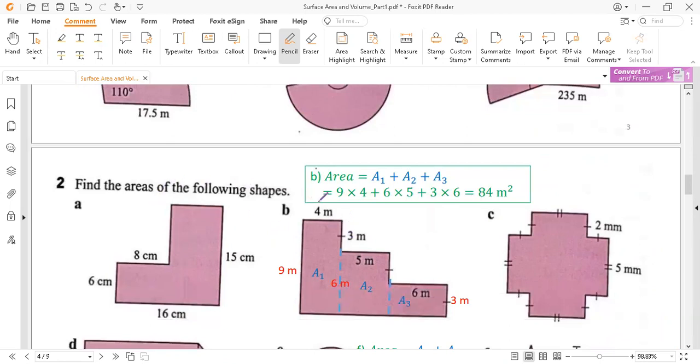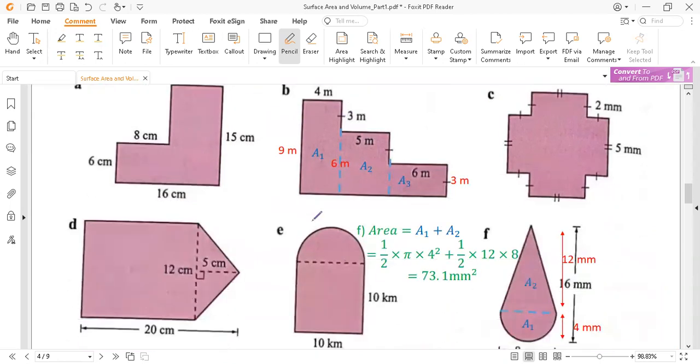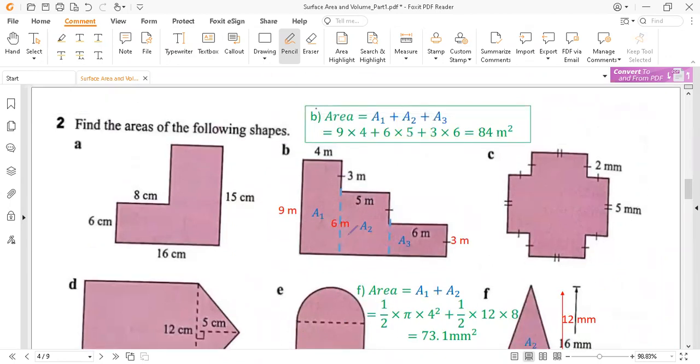Find the area of the following shapes. Normally, all these shapes are composite shapes. So, as we said before, it is very recommended to divide this composite shape into simpler ones, using vertical cuts or horizontal cuts or oblique ones.